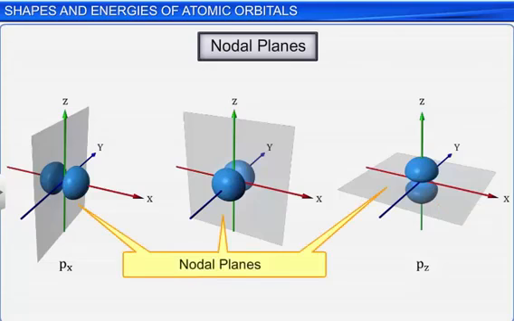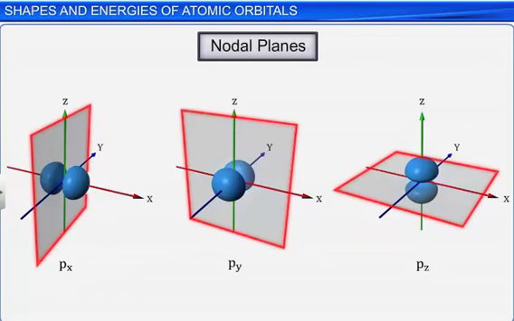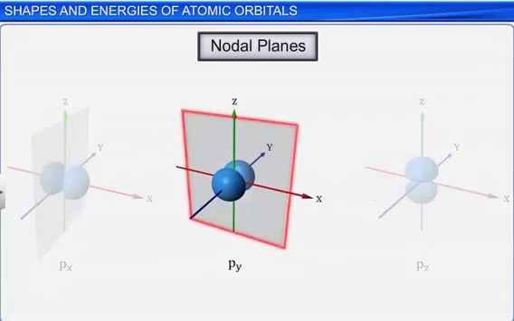That is, the plane which passes through the origin at which probability of finding an electron is 0 is called a nodal plane. For example, the nodal plane for py orbital lies along xz plane. Nodal plane is also called angular node, and number of angular nodes for a p orbital is equal to the value of azimuthal quantum number L.